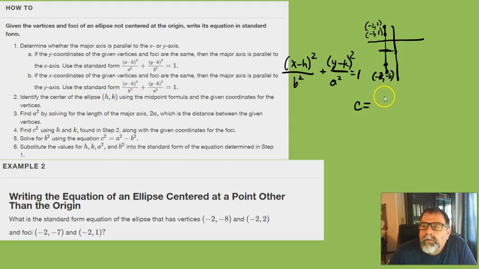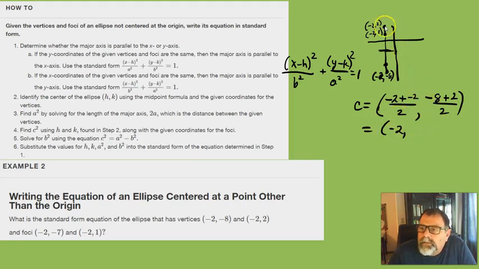So I'm going to do -2 plus -2 divided by 2, and then -8 plus 2 divided by 2. So that's going to get me -4 divided by 2, which is -2, right? So it's still on that vertical line. -6 divided by 2 would be -3. So the center's at -2, -3. Okay? So that will be my h and k.